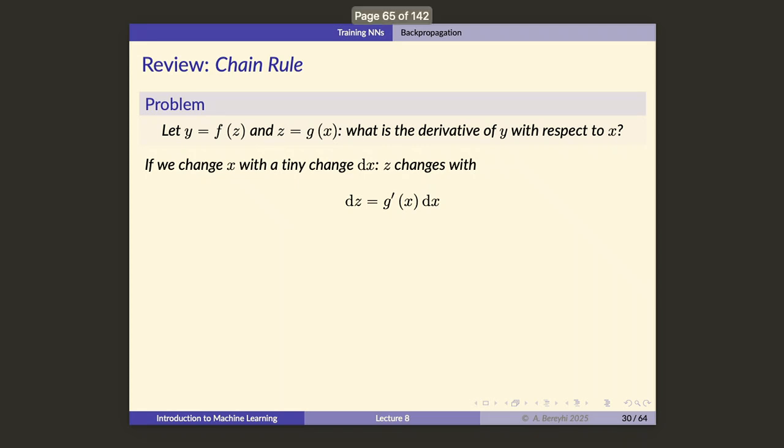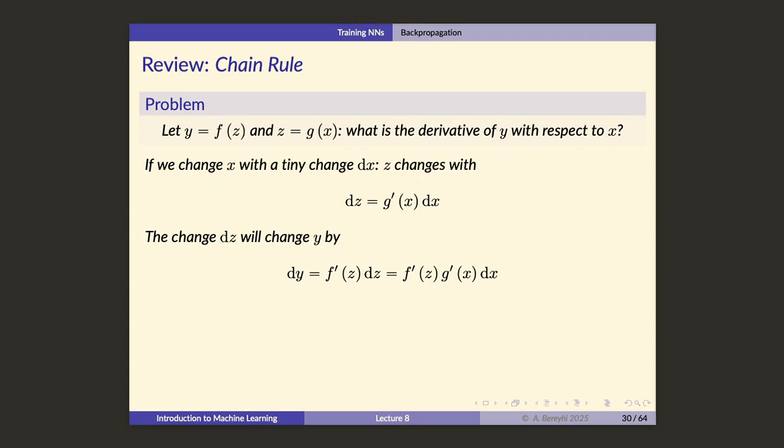So once again, everybody's following? I have changed x a tiny bit, and then I wanted to know how much z is changing. I multiply that change in x with the derivative of my function g, and then I know that my z has changed. Now I want to know how much y is changing.